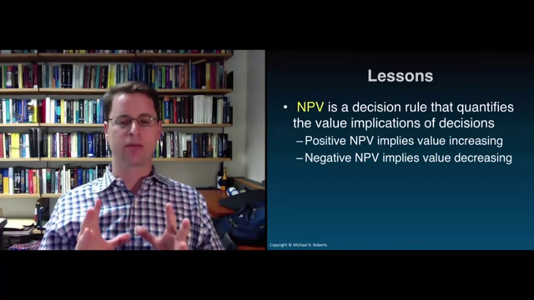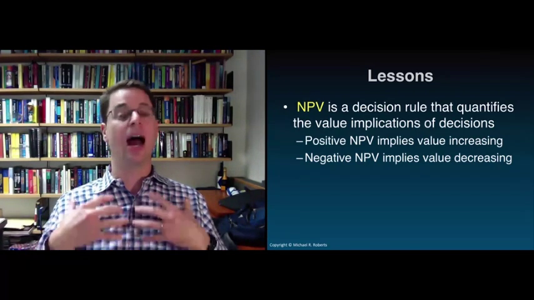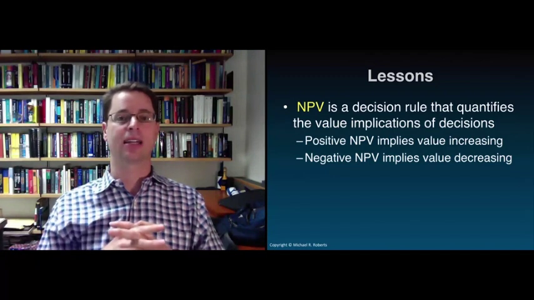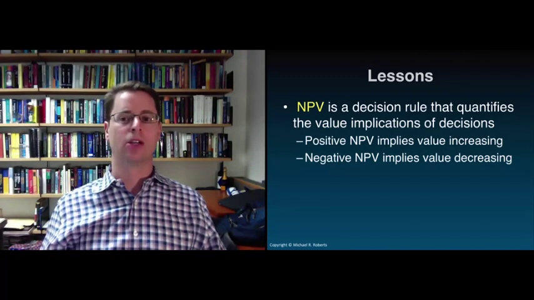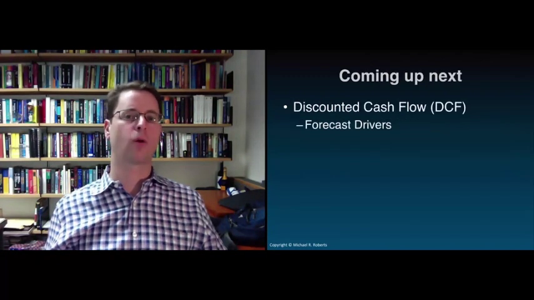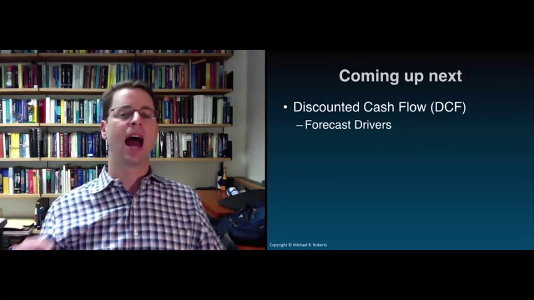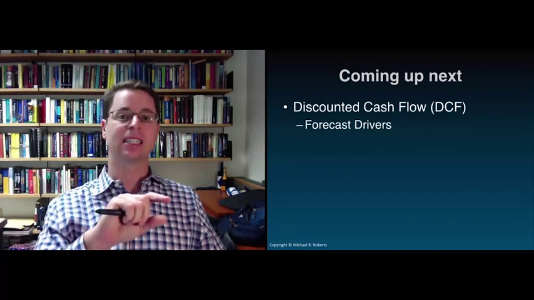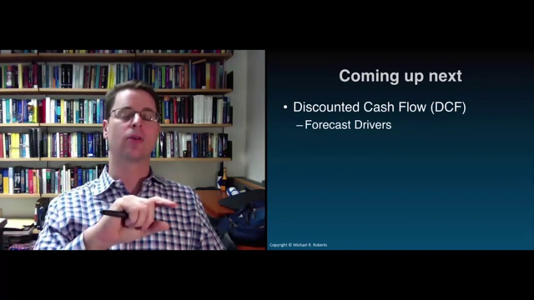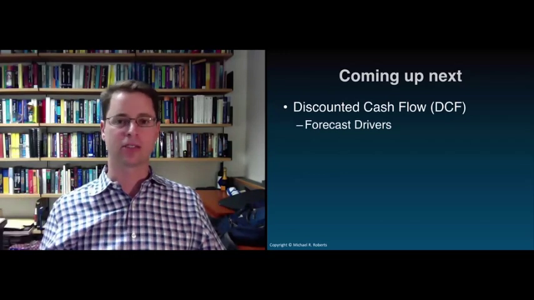And the remainder of this topic is going to be geared towards answering those questions in the context of an actual example. So coming up next, we're going to start in on forecast drivers, or trying to understand how we're going to forecast each of those components of free cash flow out into the future. Thanks so much.